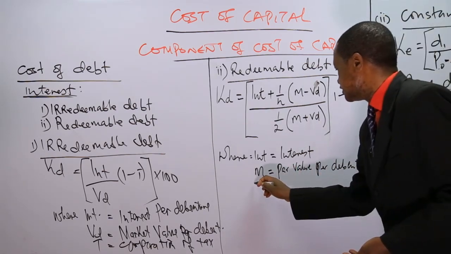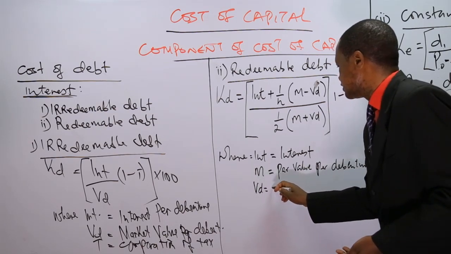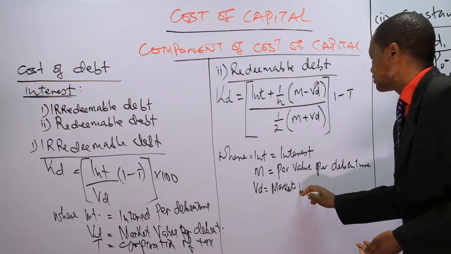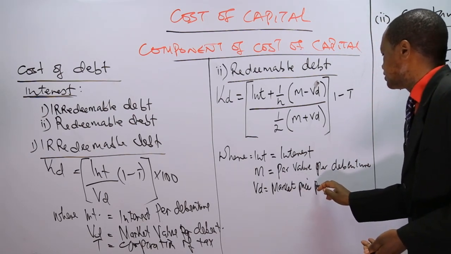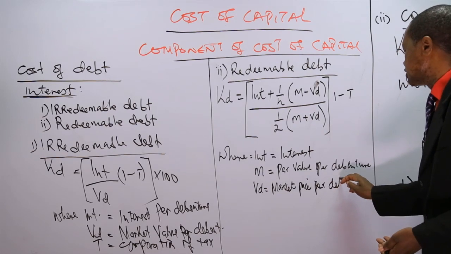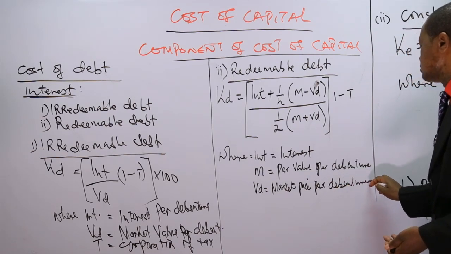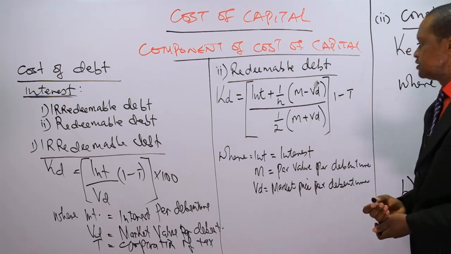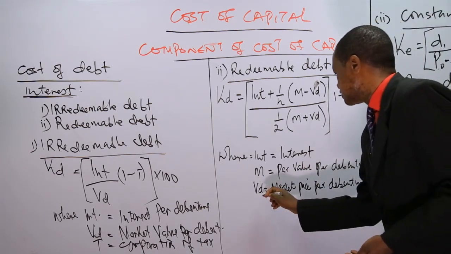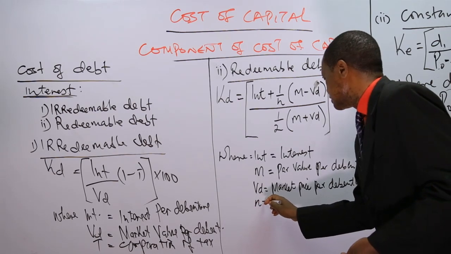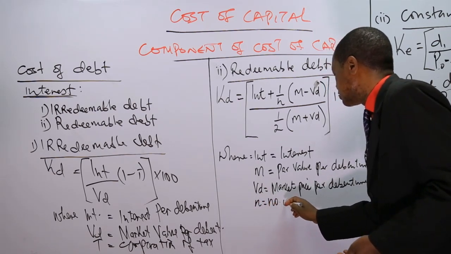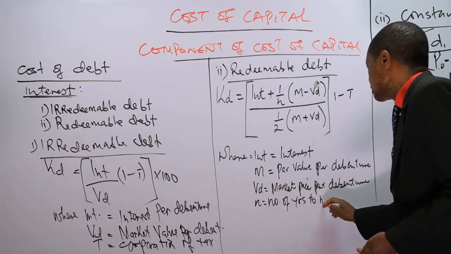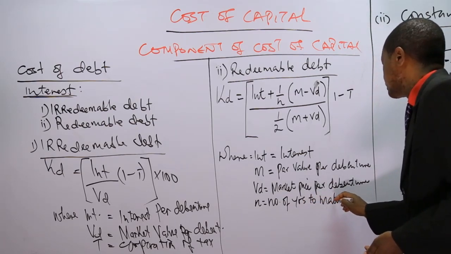Then VD is the market price per debenture, and N is the number of years to maturity, the maturity period.